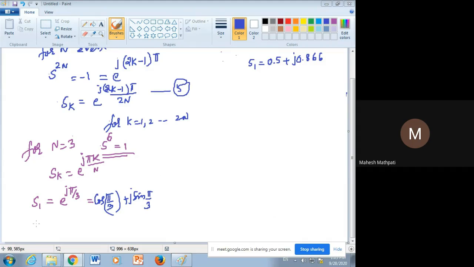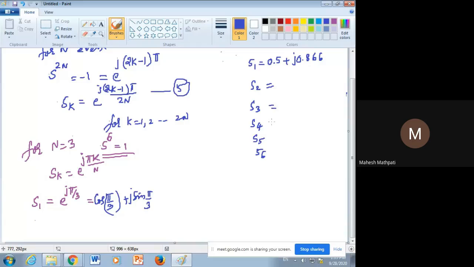Then similarly, can you calculate s2? Likewise, I want to calculate the value of s2. How will you calculate s2? Can anyone tell me? You have to calculate s2, s3, s4, s5 and s6.